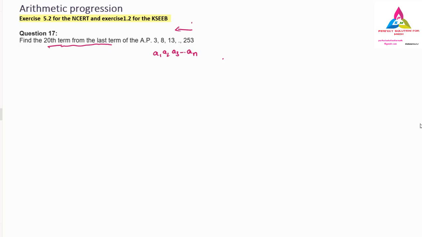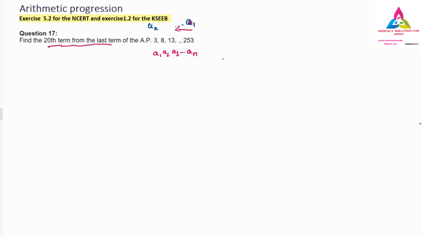So we consider 253 as a1, the next one we don't know because it is not given, so it will be a2, and so on. Similarly, we have to find the 20th term from the back side.